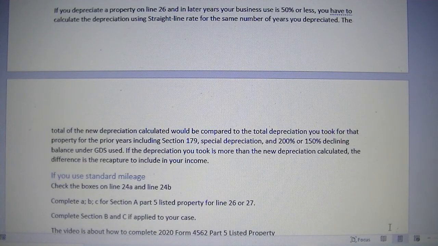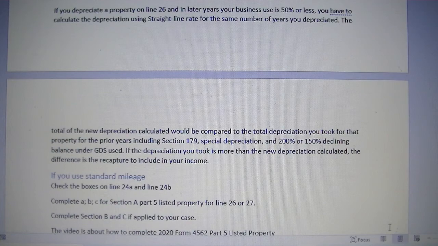Assuming that you depreciated it as used more than 50% in your business, and you claimed section 179, you'll take the section 179 you claimed, you'll take the special depreciation you took. If you used 200% declining balance or 150% declining balance under GDS, you'll take each one of the years you depreciated the item, you'll total all of the depreciation deduction you took, including section 179 and special depreciation. You'll put it on one side.